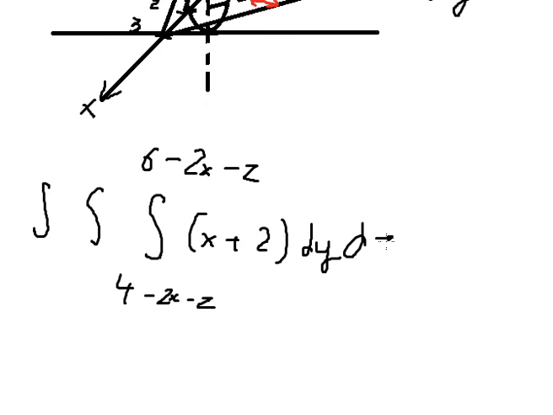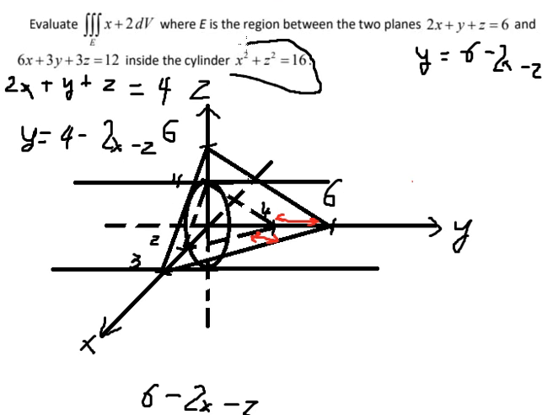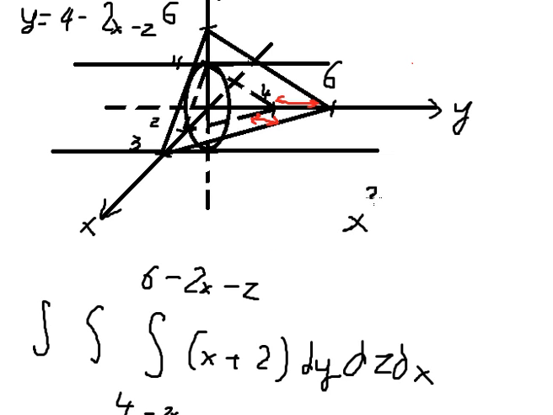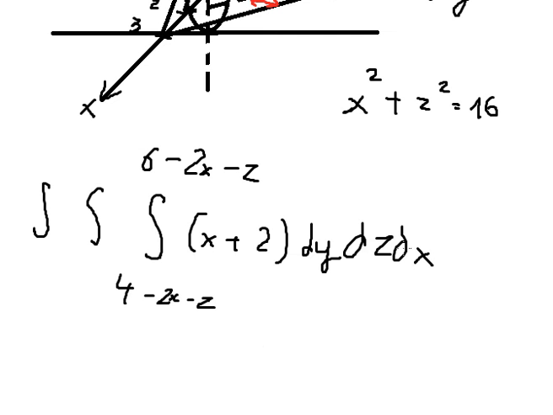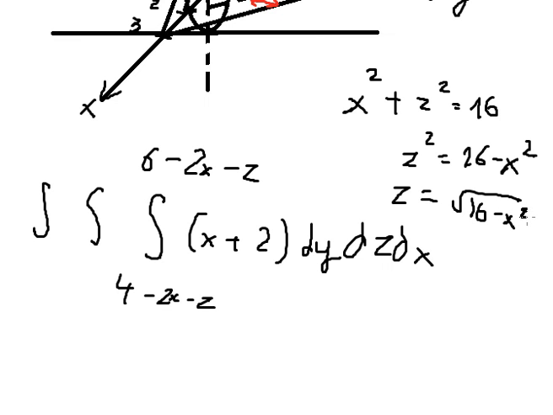Now we have dz and dx. About dz, we have z in here. So we put this one to the right. We put the square root on both sides. We will have positive and negative.